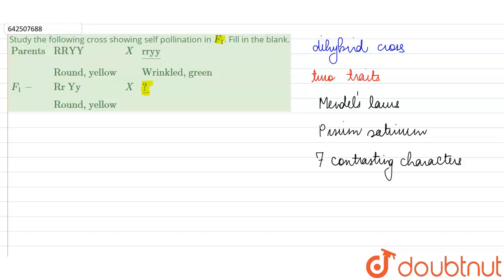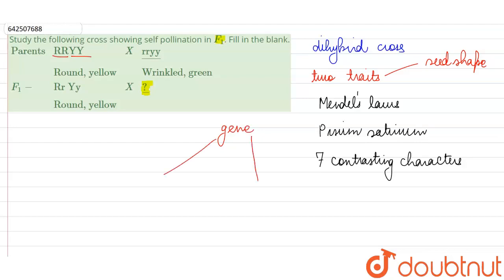So over here, since 2 traits we are considering, we can clearly see 2 types of genes are given, one R and one Y. So both these genes are going to control 2 different traits. And what are these traits? Our first trait is the shape of the seed, the shape of the pea. According to Mendel, any trait is under the control of one particular gene.